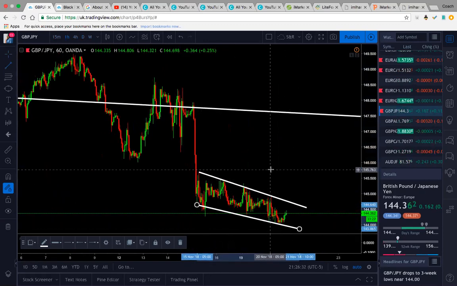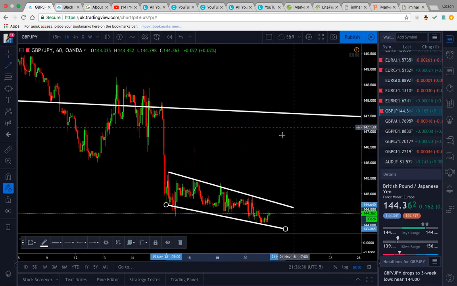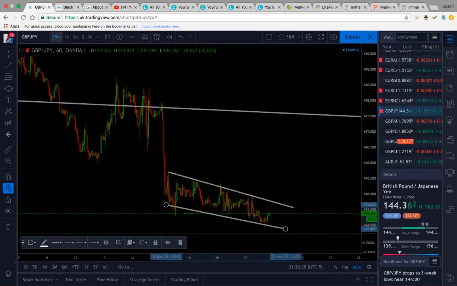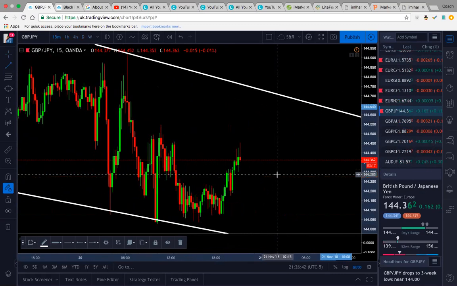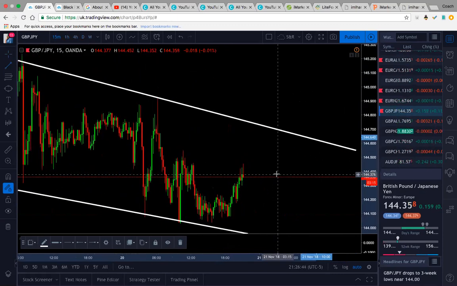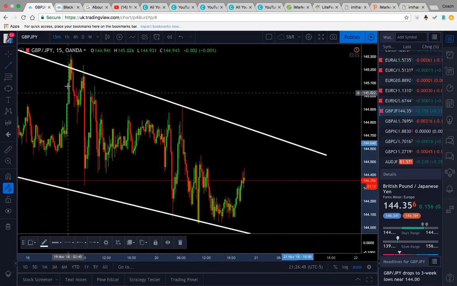So usually with a falling wedge, you then have a move to the upside, right? So let's come down to the 15-minute. This is the 15-minute here, and you can see how price is actually being respected in this falling wedge.